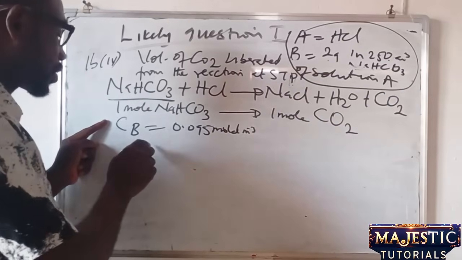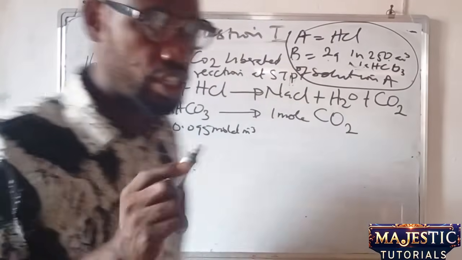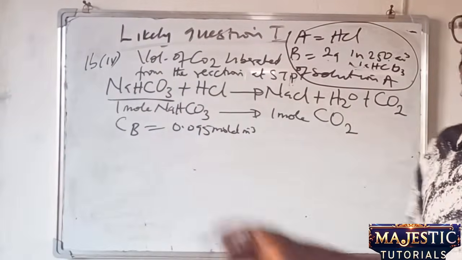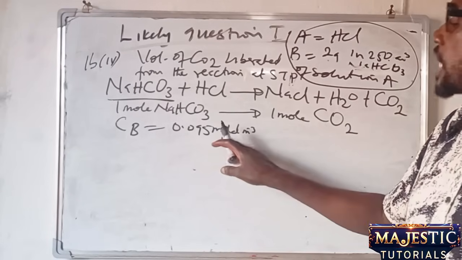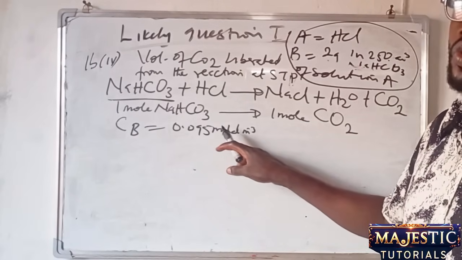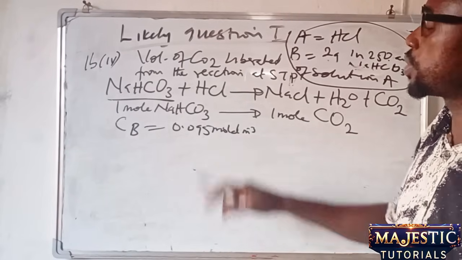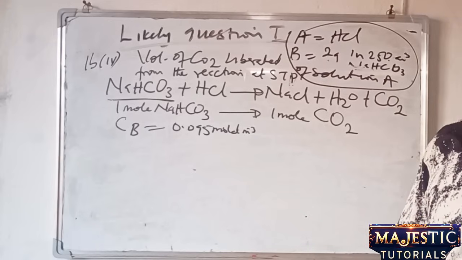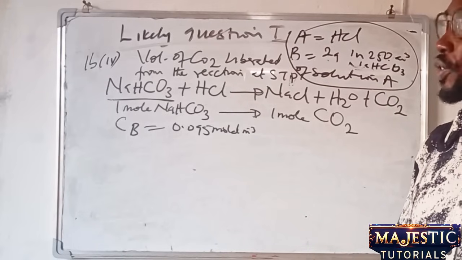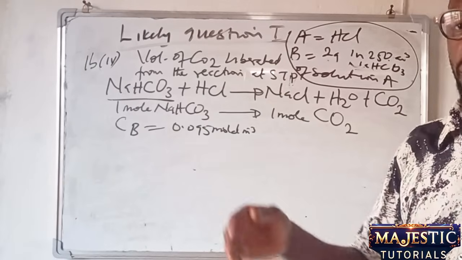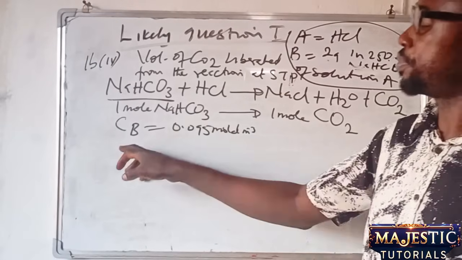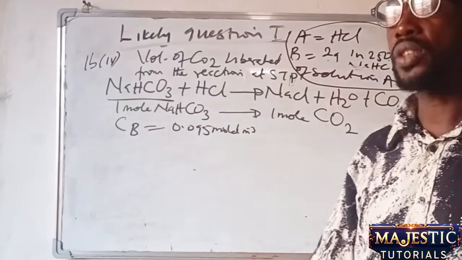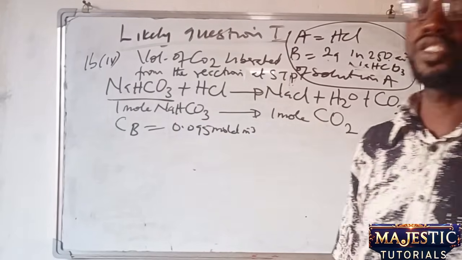But in the reaction, remember class, we did not use the whole B. We did not use the whole 1000. It is when we use about 1 liter, which is 1000 cm cube, that we'll be able to consume 0.095 moles of that B. But unfortunately, we used in the titration. What was the volume of B used? 25. So out of the whole thing provided, we on the average use 25.